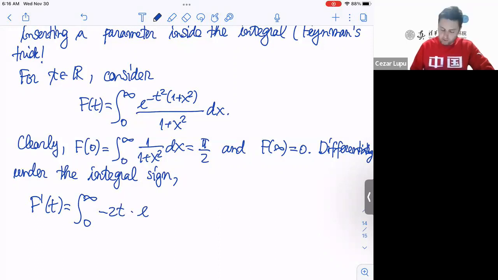Yes, the integral from 0 to infinity of e to the negative t squared x squared dx.